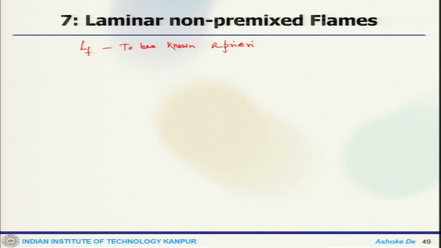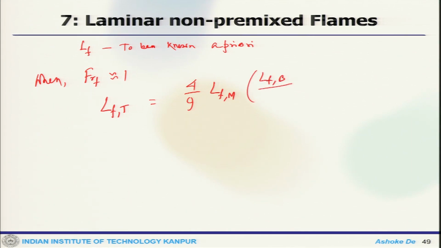Now, we can take a situation where Fr_f is of the order of 1, then my L_f is 4/9 L_fB (1 + L_fN).